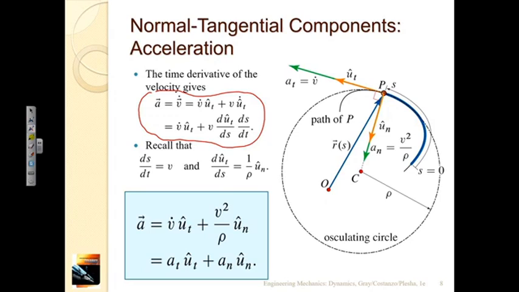Okay? So if our angular velocity is equal to omega in that third direction, our out of plane, we can start working through this cross product.